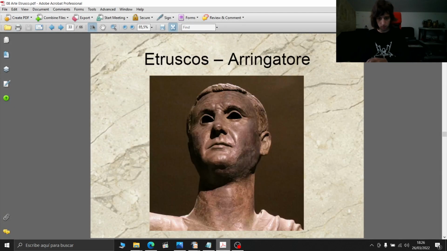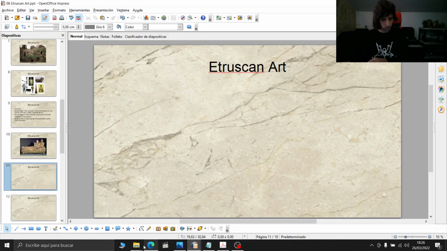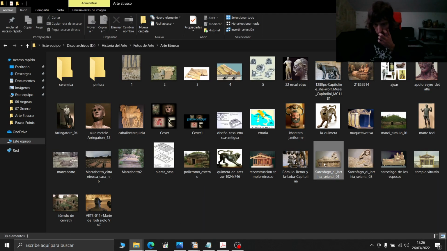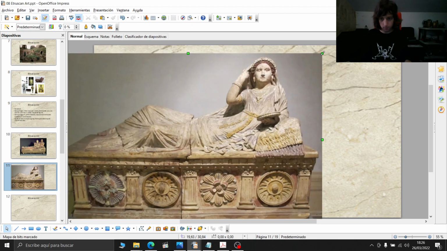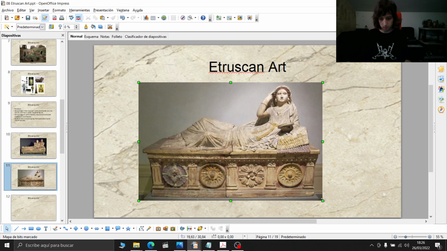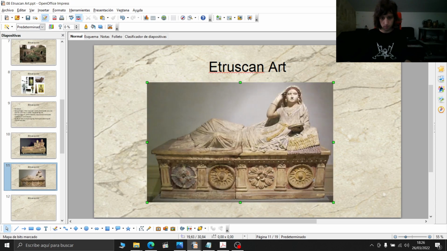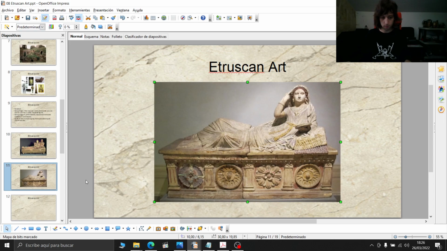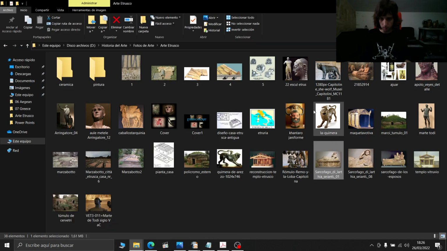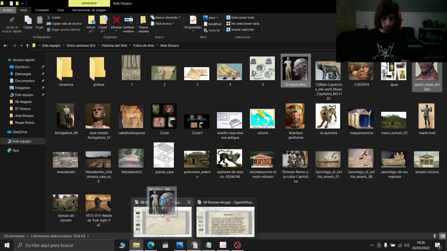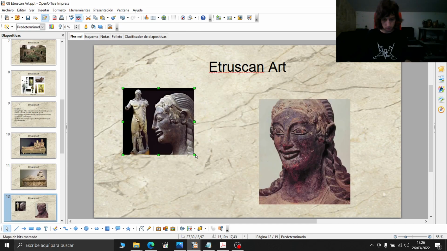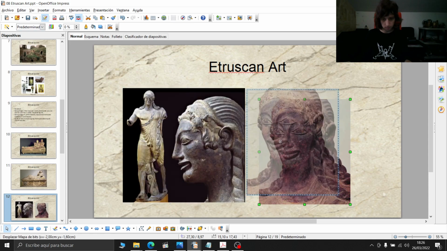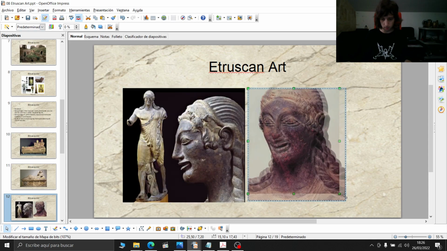No, not that picture. This one is better. And this Apollo. Adding the two pictures just because of the space.